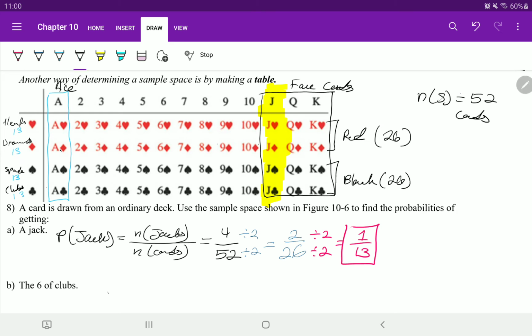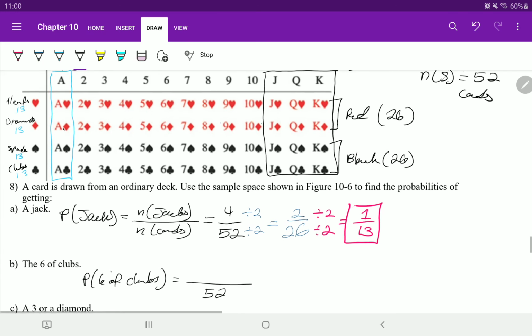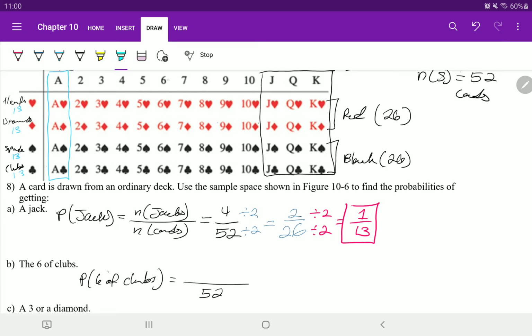Now, let's reset. For the next one, we want to find the probability of getting the 6 of clubs. So out of 52 cards, how many 6 of clubs do we see? Well, it must be a 6 and it must be a club.